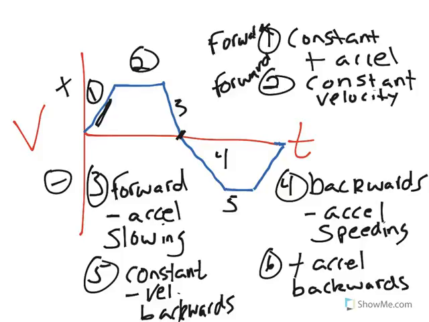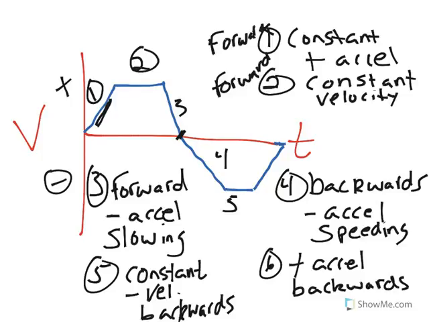All right, so let's just go through this real quickly, rehash. This first section, he's going forward because the velocity is positive. It's a slope, so we know that there is a constant acceleration. The slope is positive, so we know that acceleration must be positive. This second section, he's going forward. We know this because the velocity is positive.